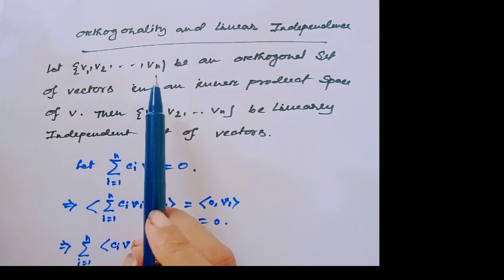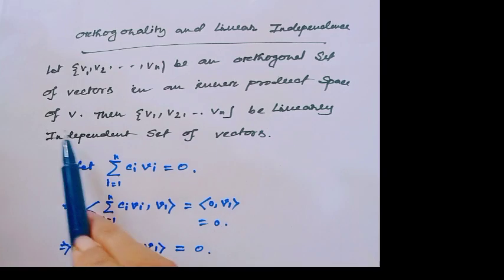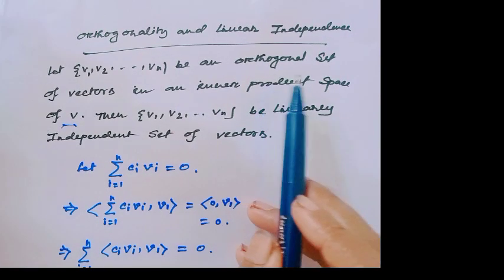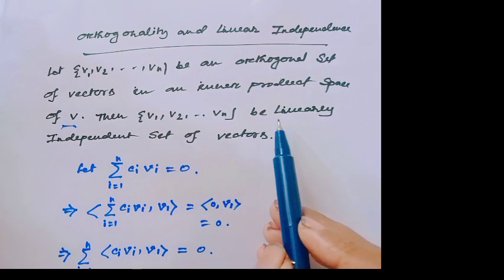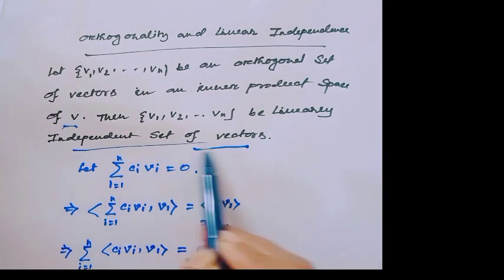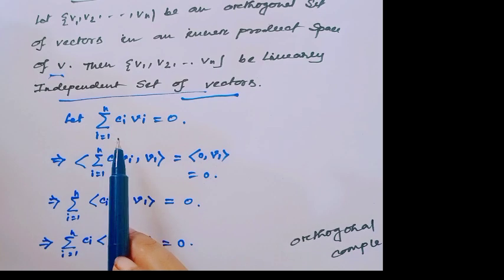Now I will show one nice result about orthogonality and linear independence. Consider v1, v2, up to vn an orthogonal set of vectors in an inner product space V. If this is an orthogonal set of vectors, then it implies this set is linearly independent. The proof is as follows.